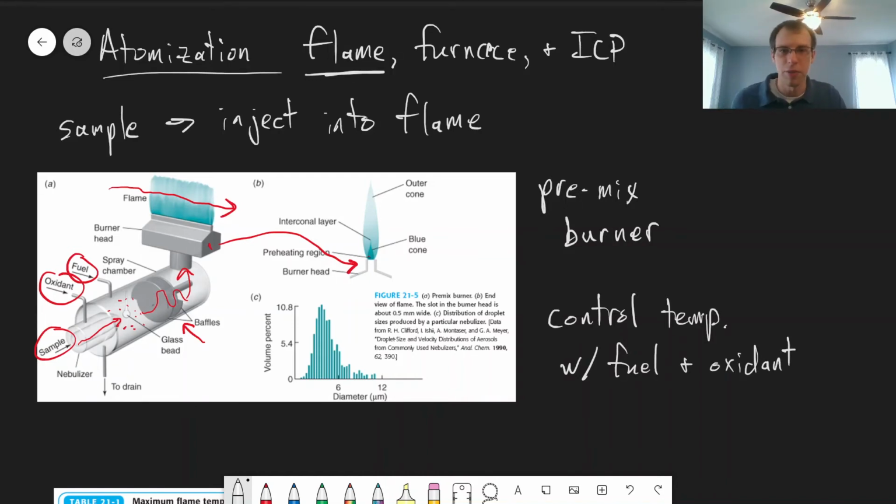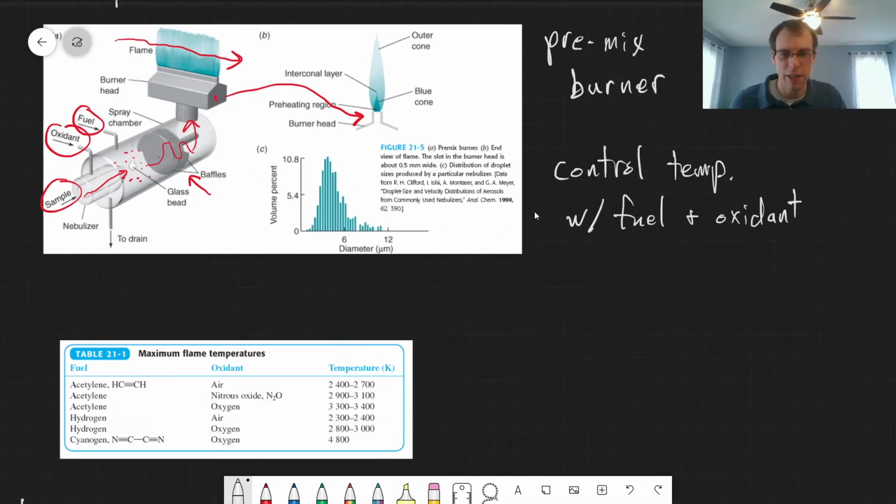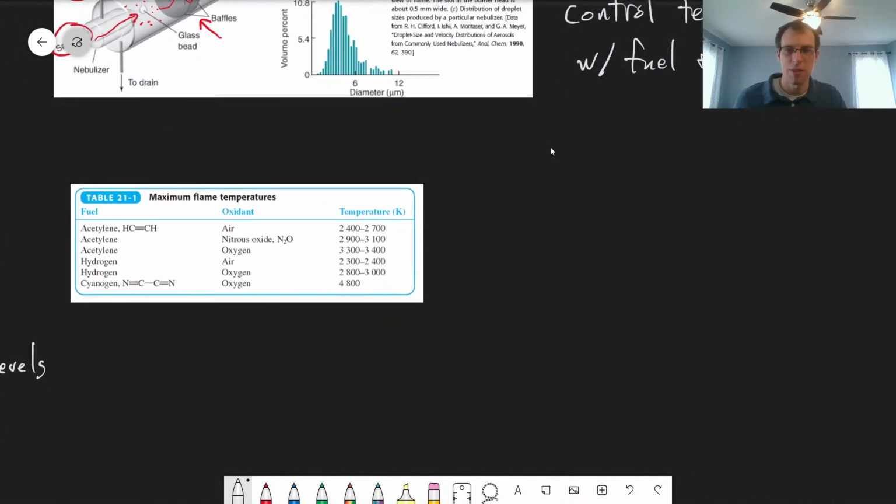All right, so if we go down here, I've got a table from your textbook that shows the maximum flame temperatures with different fuel and oxidant mixtures. By far the most common fuel is acetylene. So we can see these three options here. And depending on what we mix with it to make our flame, we can adjust the temperature.